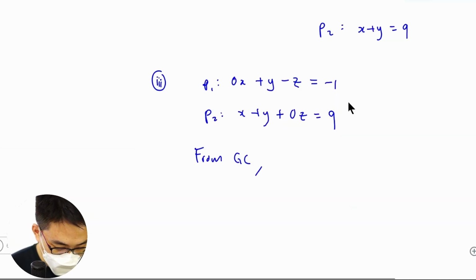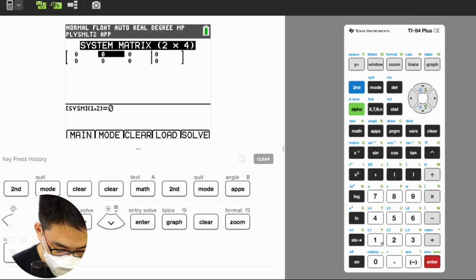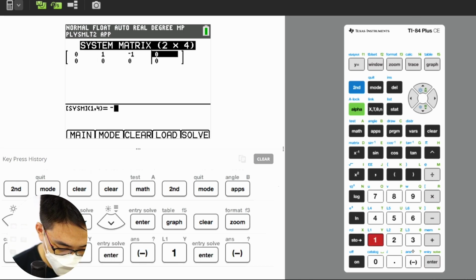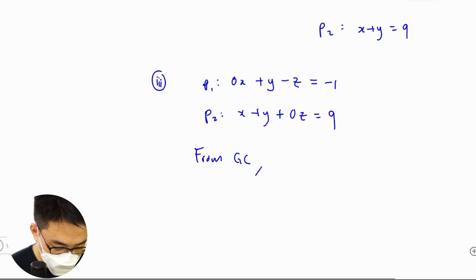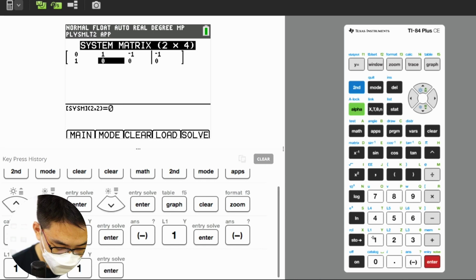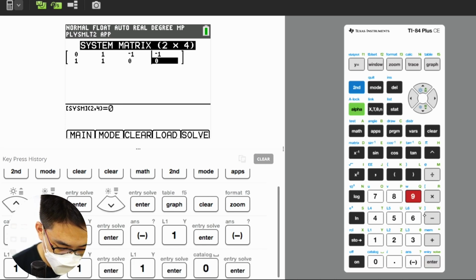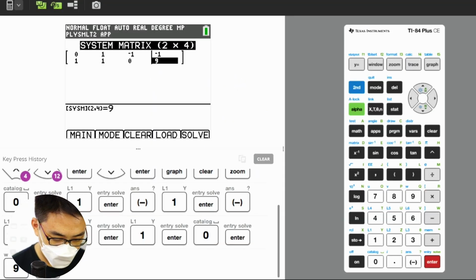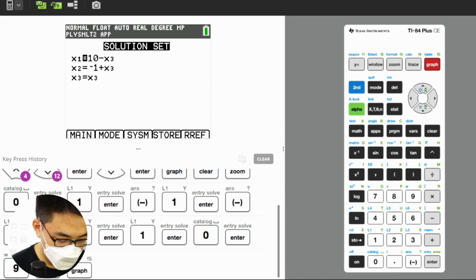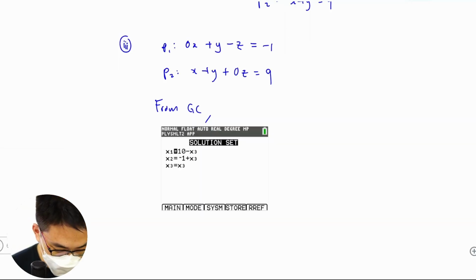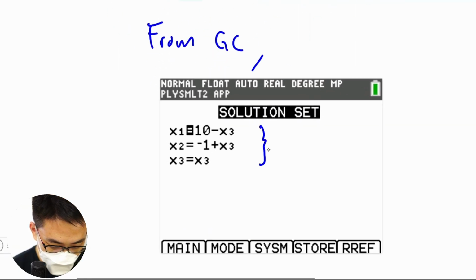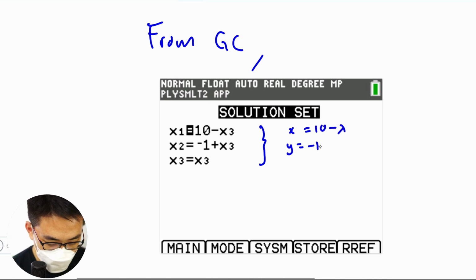It's 0, 1, negative 1, negative 1, then 1, 1, 0, 9. There you go. The vector line equation here is x equals 10 minus lambda, y equals minus 1 plus lambda, z equals 0 plus lambda.